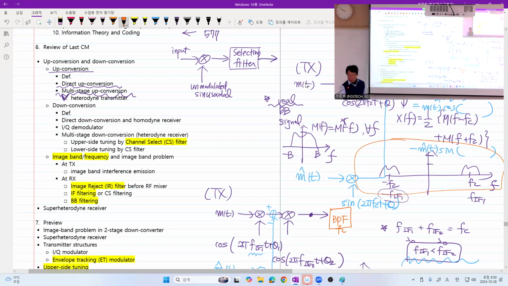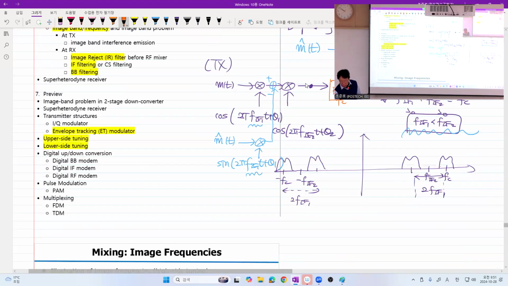Then what happens? This signal disappears because your filter only passes these parts.